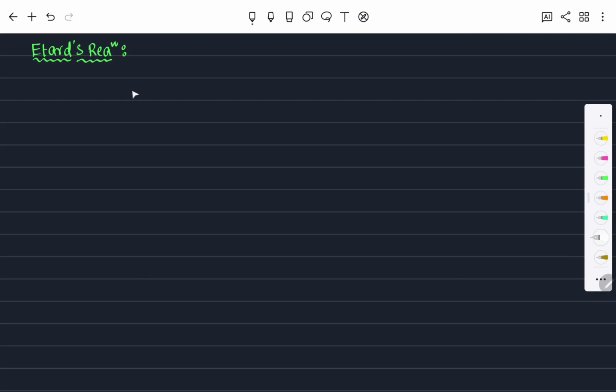Etard reaction. In the Etard reaction, the reagent is CrO2Cl2, called chromyl chloride. The solvent is generally a non-polar solvent, carbon disulfide, and then hydrolysis.